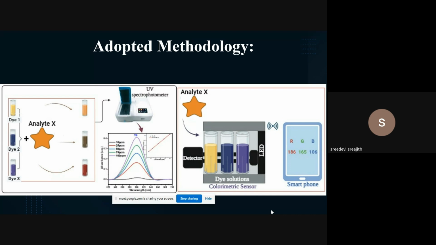We have a 3D printed colorimetric device for the analysis, and we connect the colorimetric sensor with a color sensor in a mobile phone, which has an application where the RGB values are displayed. Each color has distinguished RGB values. With respect to the RGB values, we carry out our further experiments, and we find out the analyte that is in our focus.